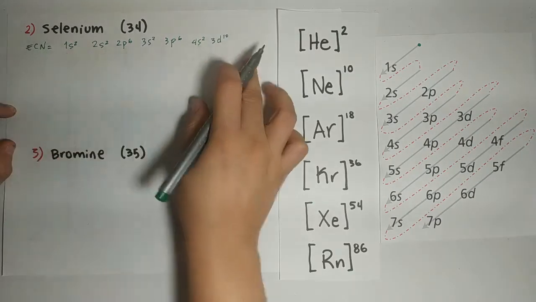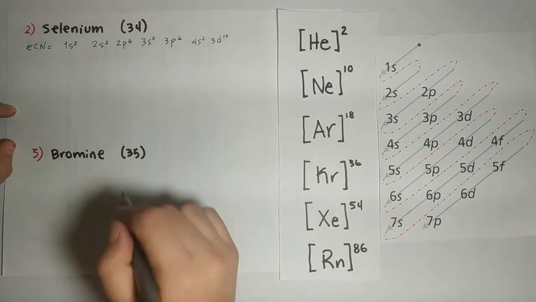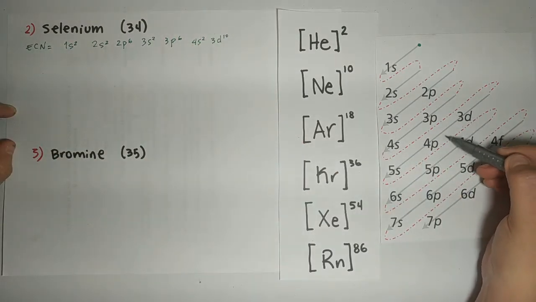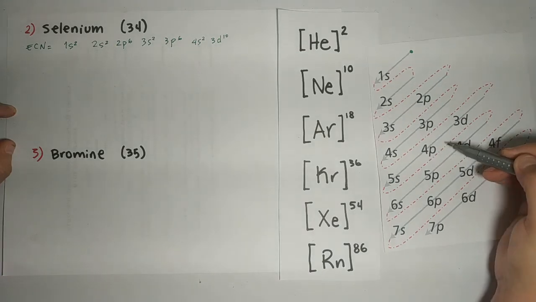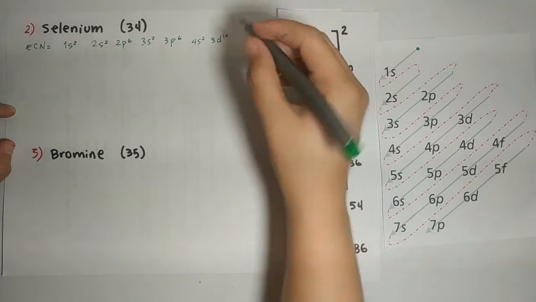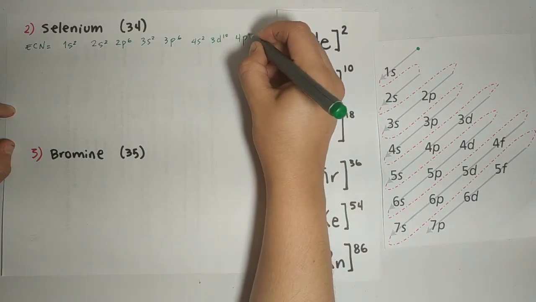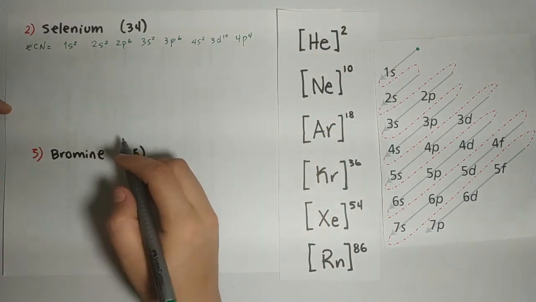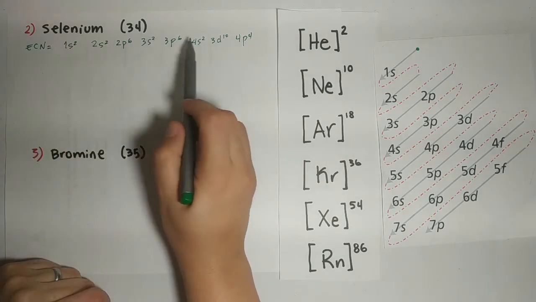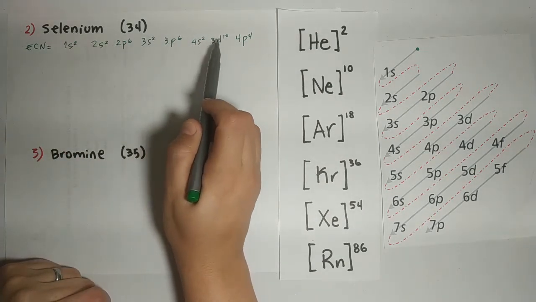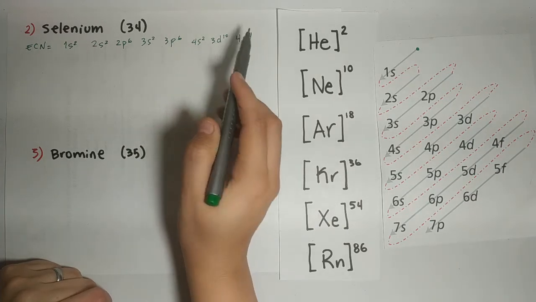I have 30 so far, so I need 4 more. After 3d10 comes 4p6, but I'm not going to use 6 because I just need 34. So this will be 4p4. Now let's make sure that we did it correctly. 2, 2, and 6 is 10. 2, 2 and 6 is 10, and 10 is 30, and 4 is 34.